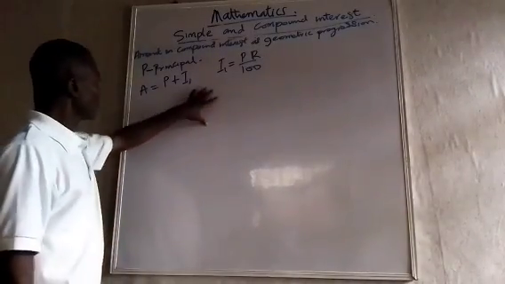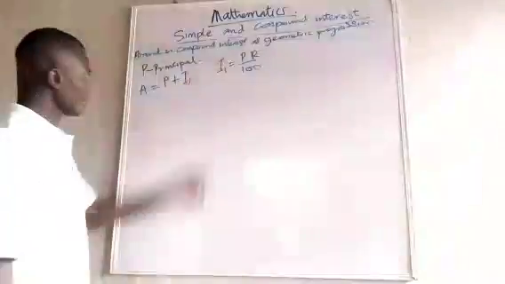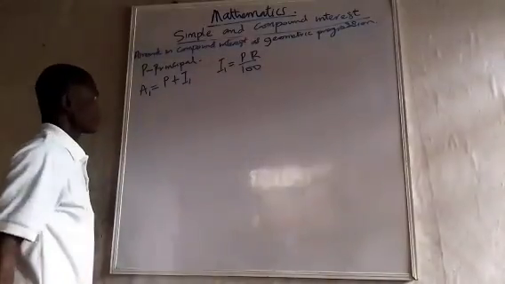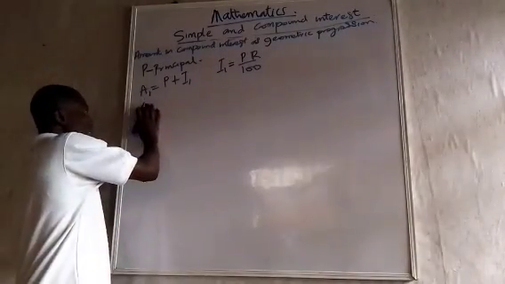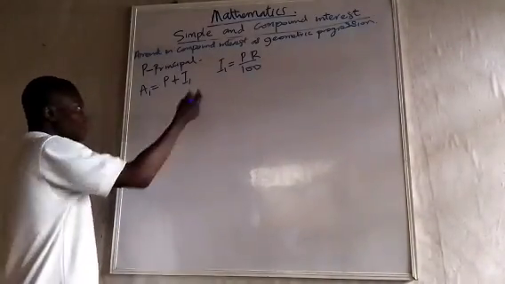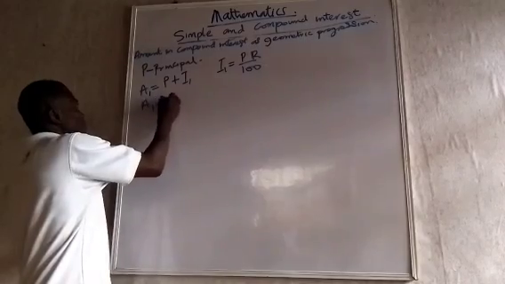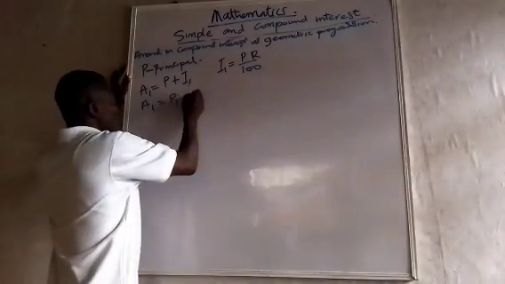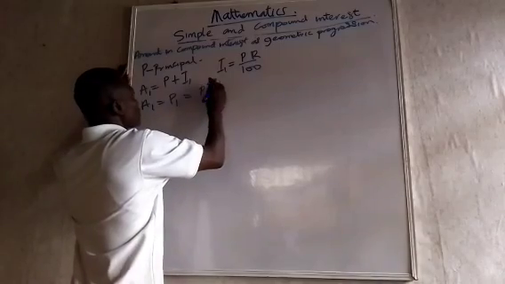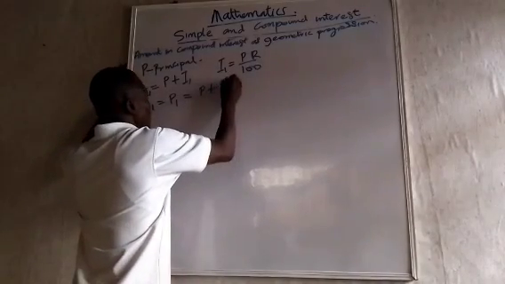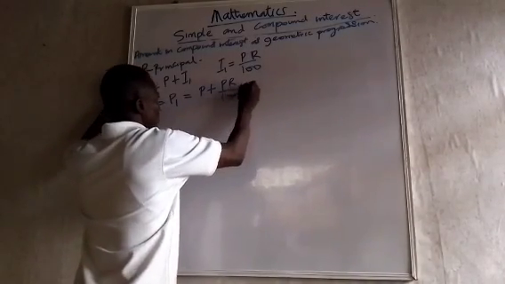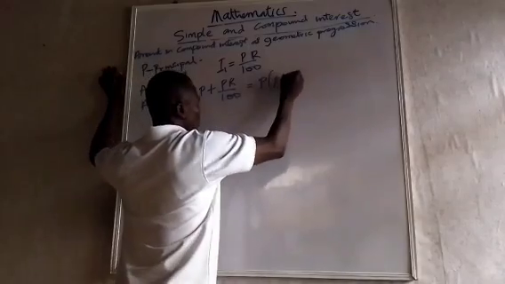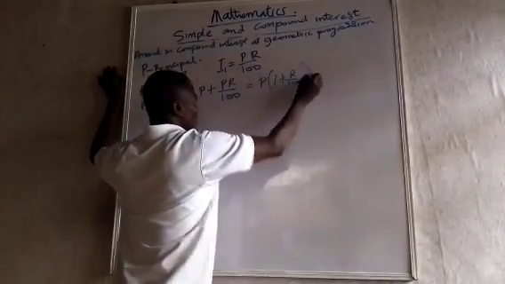Now, this is the amount after the first year. So let me put 1 in. So, this A1 will now become the new P, which will be called P1. And you know that this one is equal to P plus PR over 100, which is P into 1 plus R over 100.